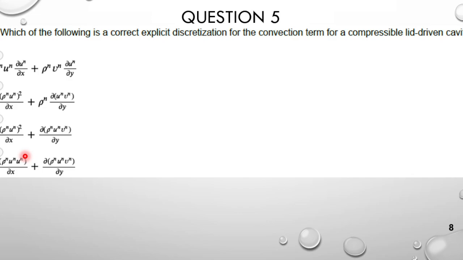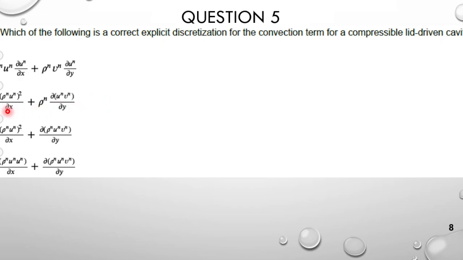Yeah, maybe I'll have to check, because in incompressible flow people do try to bring it like this. Using the incompressible condition, they write rho outside only, not inside. They write dou by dou x of u square plus dou by dou y of u into v. Usually people write that anyway.